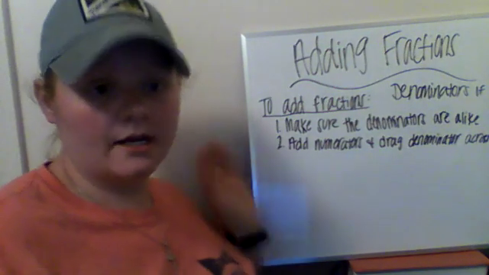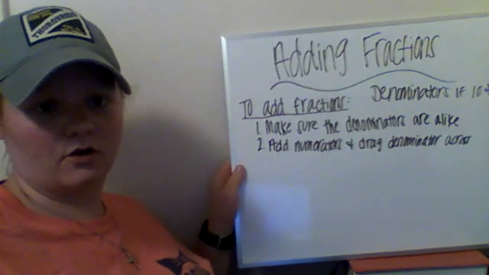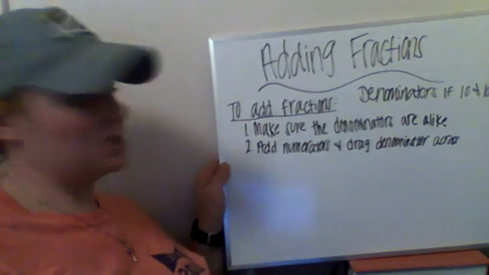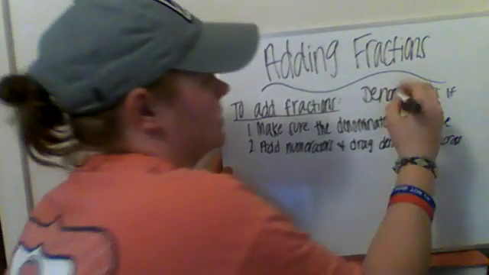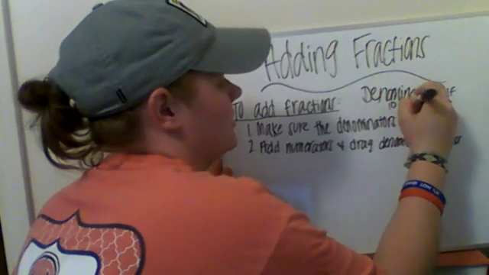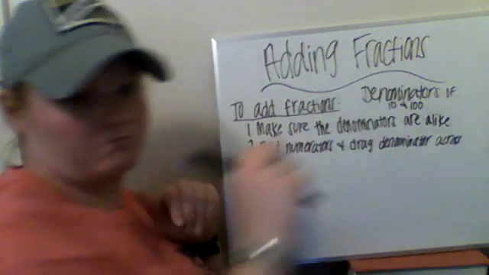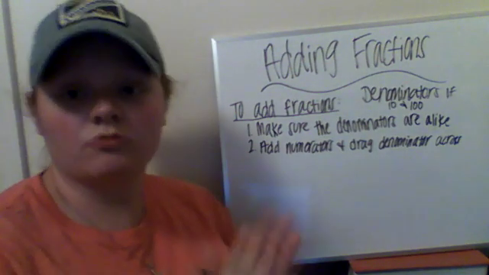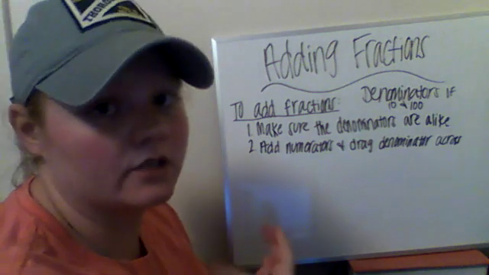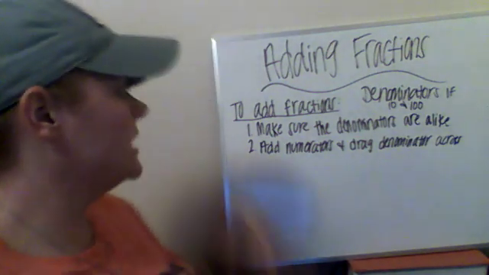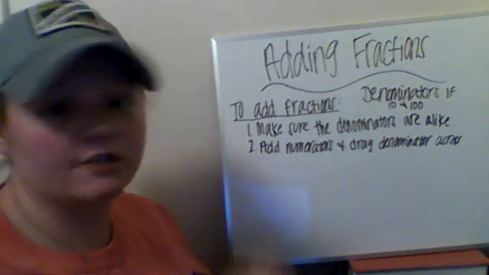On my board behind me, let me scoot it over so you all can see, because it's halfway off the camera. There. There are 2 steps to adding fractions with unlike denominators. You need to make sure the denominators are alike.